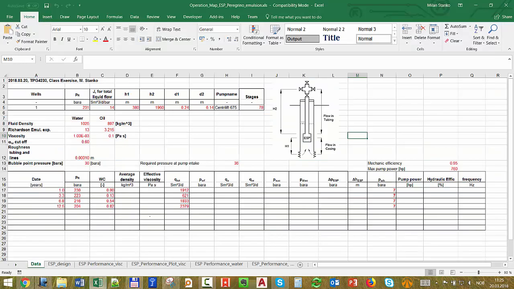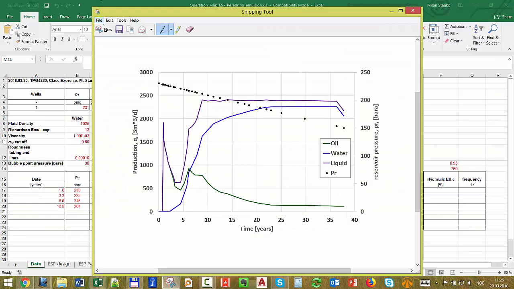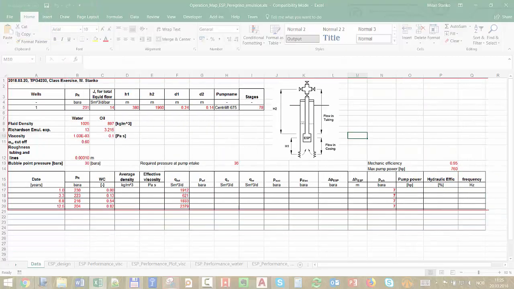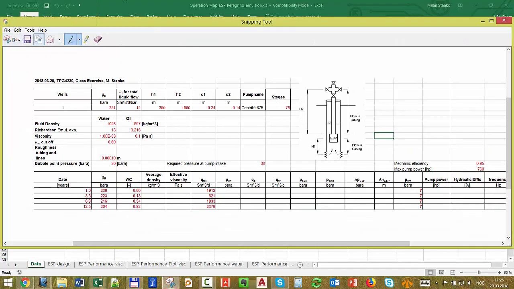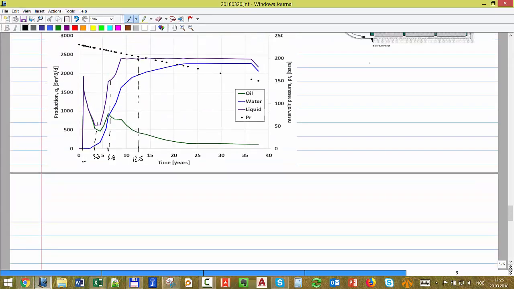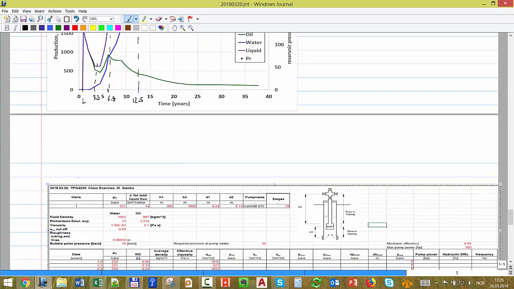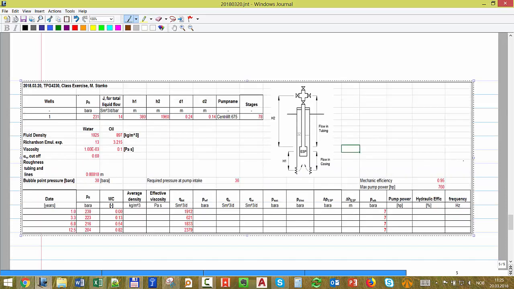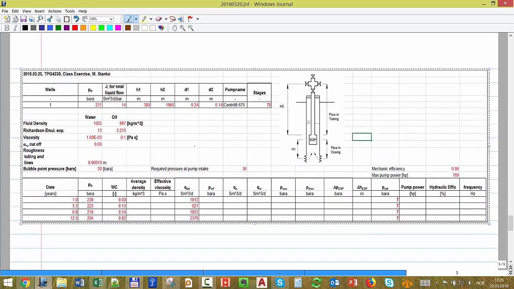Okay, so let's see what we have here in our Excel sheet, and let's see how you propose to attack the problem. What is the first thing, the same as with the subsea compressor, that we have to do?